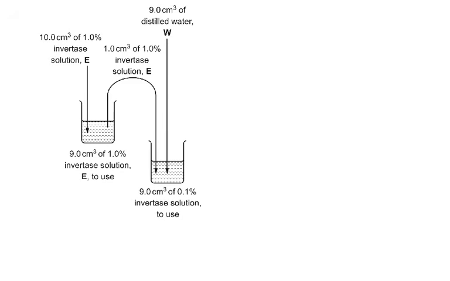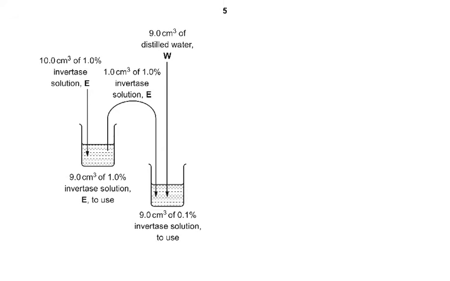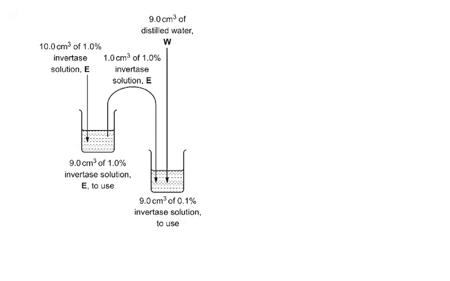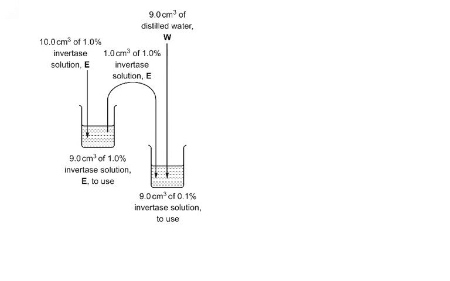Now look at this diagram very carefully, and it's very self-explanatory. It's not something very difficult. You see it has 10 cm³ of 1% invertase solution, and that was E. And we added that, so this arrow is shown to you.